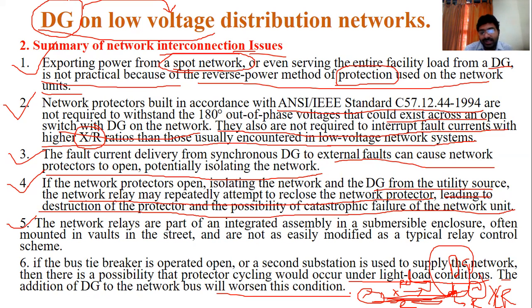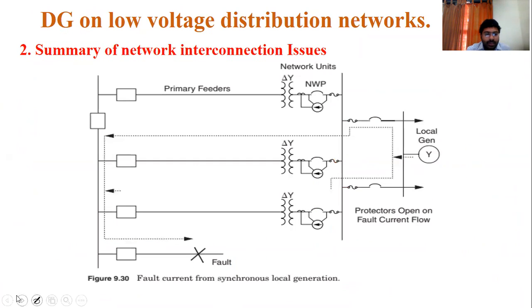You can see this point carefully. This is one of the important points in this case. Whenever you are adding DC to this low voltage network, see this. This is one of the bus bars, so we are connecting our generator DC to this bus.